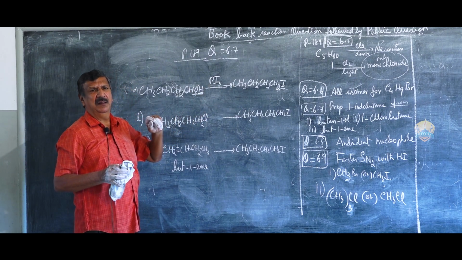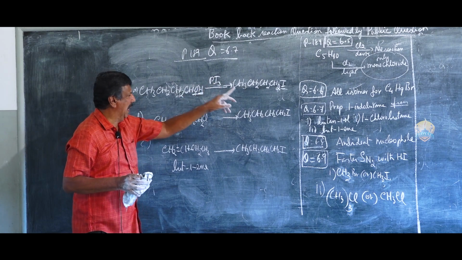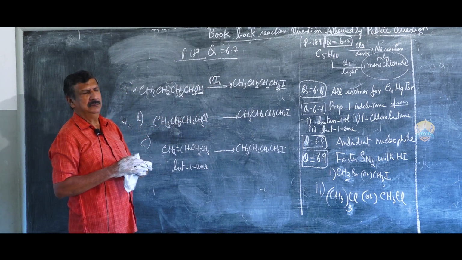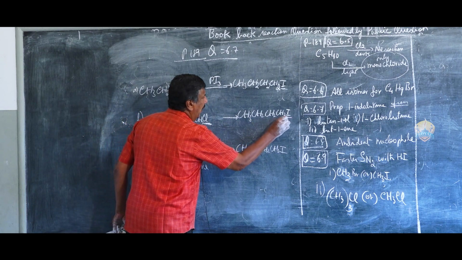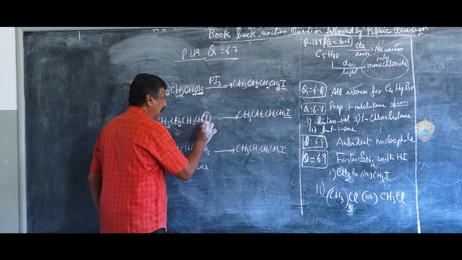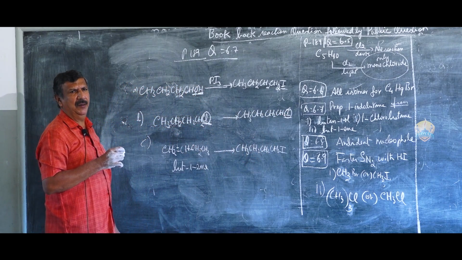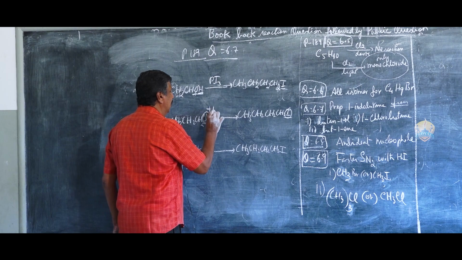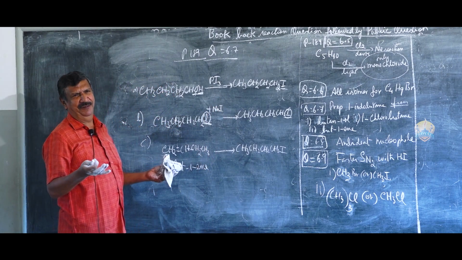When you use PI3, OH is converted into I, that's all. Okay. Here, chloride is converted into iodide. This is the concept. How is chloride converted into iodide? By adding sodium iodide. That's all. This is the Finkelstein reaction.